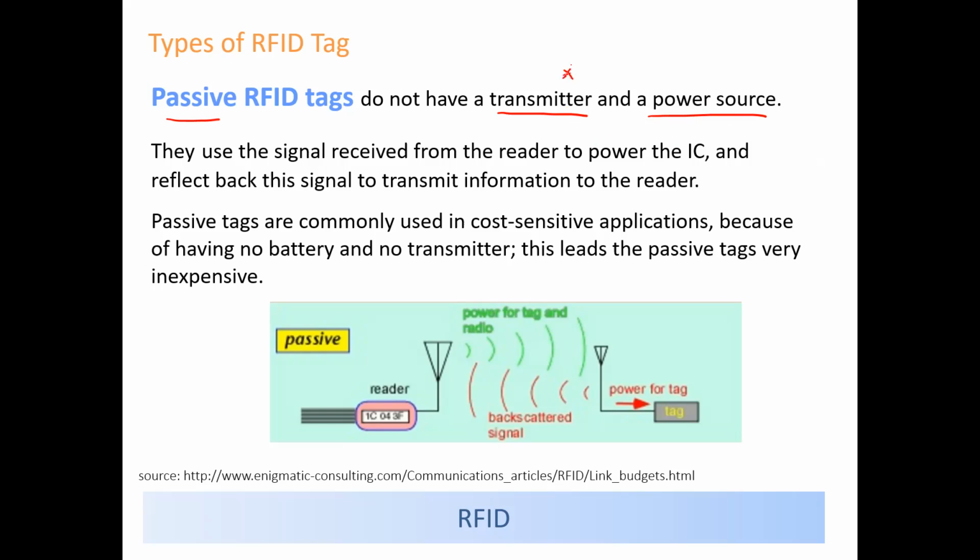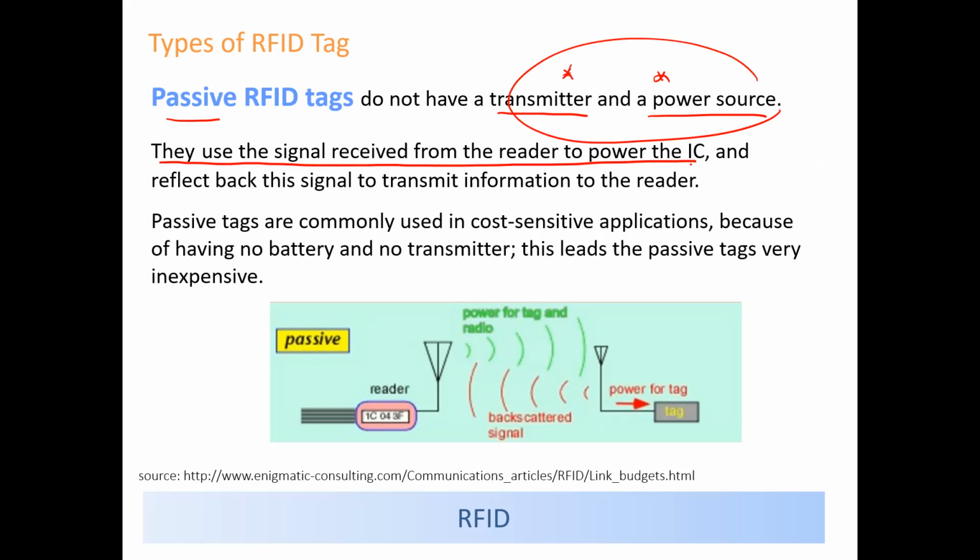No need. Okay, so if we do not need these things, the passive tag is very cheap because we do not need complex hardware. They use the signal received from the reader to power the IC. Okay, you have to underline this one.